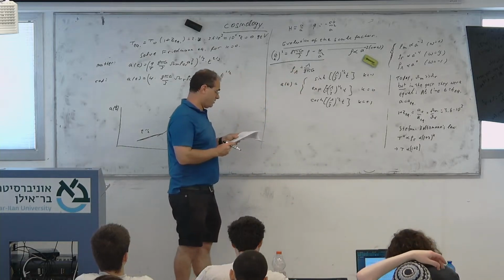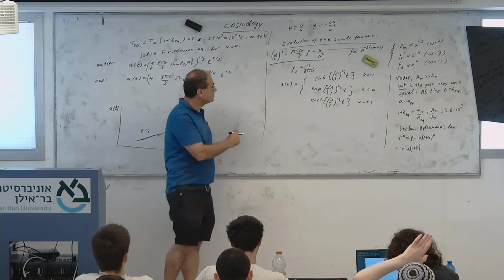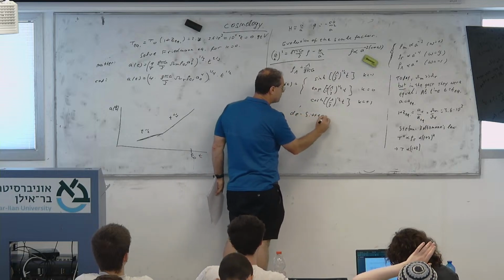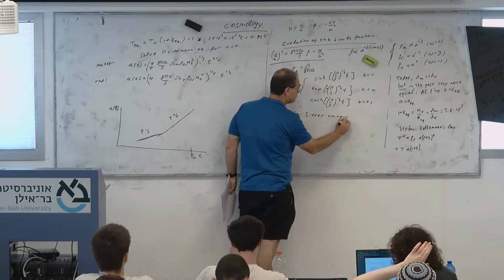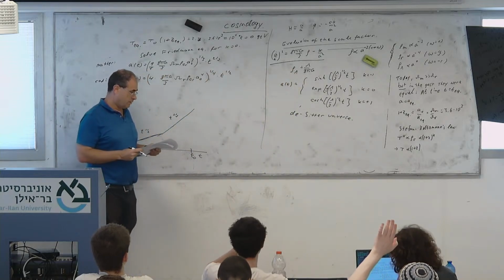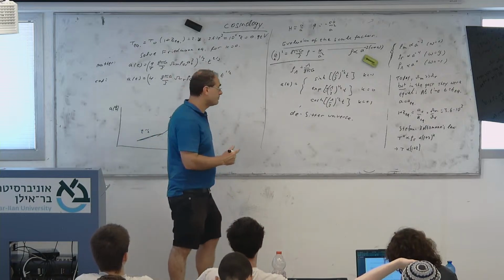In fact, these are all the same solution, and this has a name. This is called the de Sitter universe. You might encounter the name. If lambda is smaller than 0, this is called the anti-de Sitter universe.